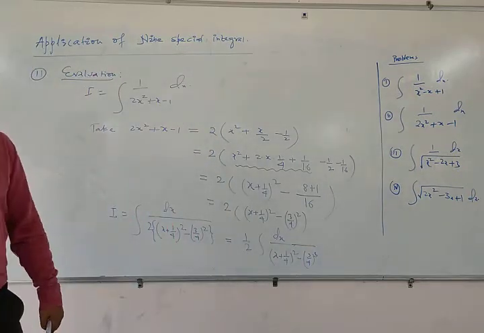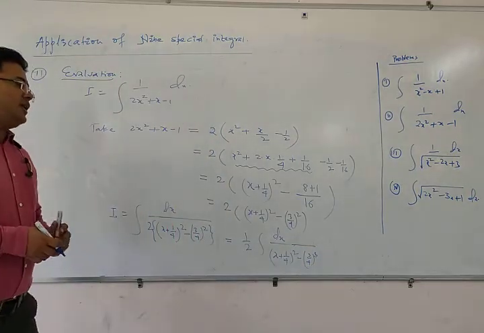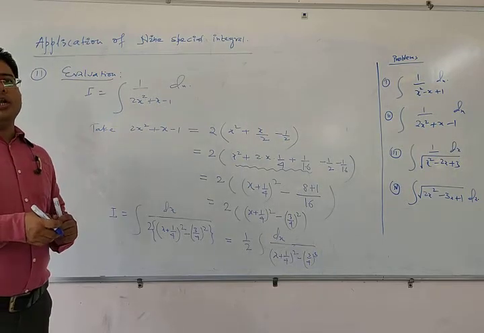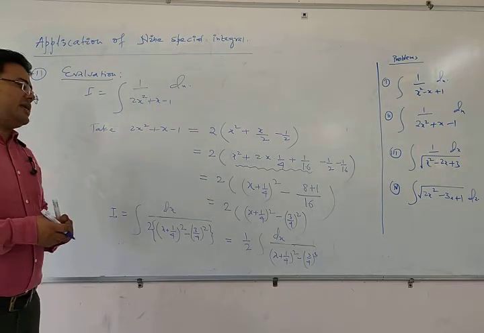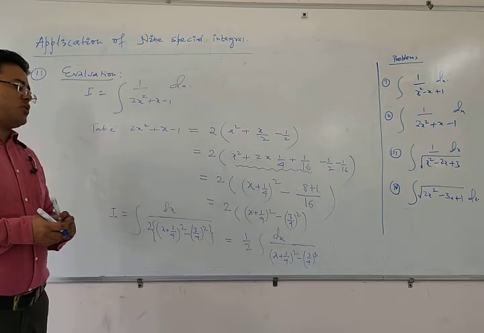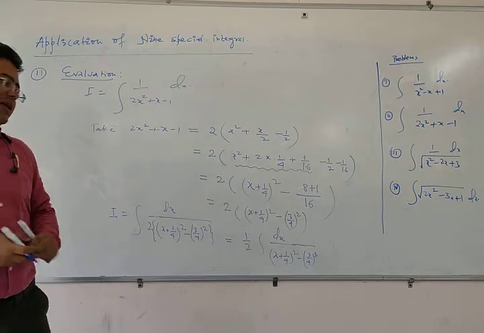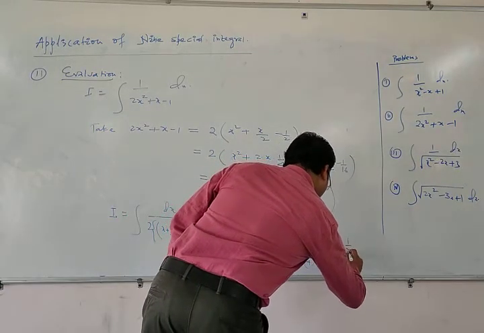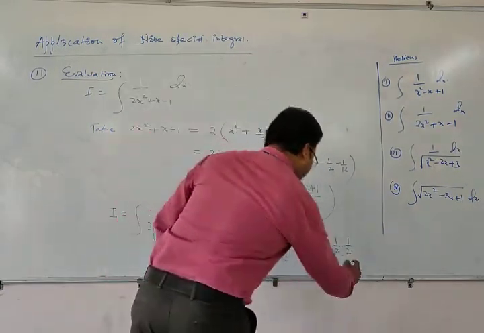And you can see here, this is the type of the integration 1 upon x square minus a square. And what will be the integration of 1 upon x square minus a square with respect to x? It will be 1 by 2a. So here you can write 1 by 2a. In place of a, you can write 3 by 4.